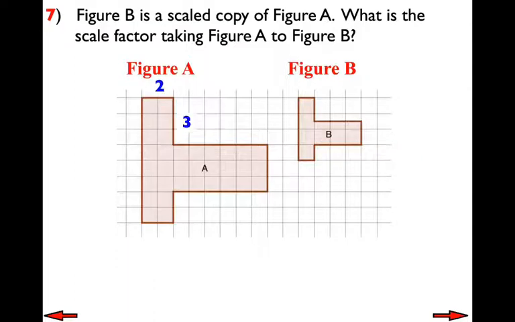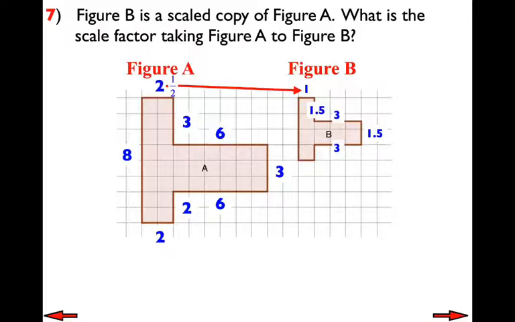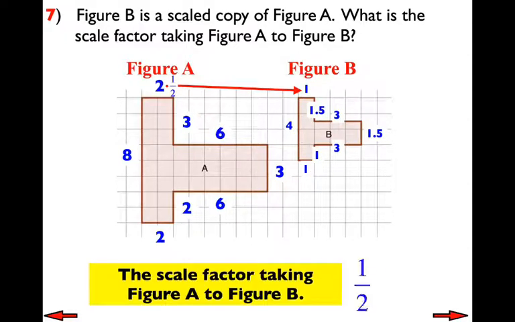So if we just start figuring out the side lengths here, and then finding the side lengths for B, we're going to see that the scale factor has to be 1/2, because if we take each of the side lengths in figure A and multiply them by 1/2, or take half of them, we'll get each of those side lengths in figure B.